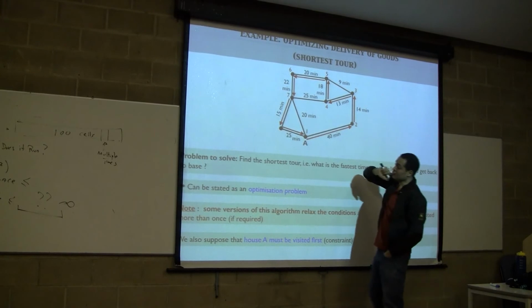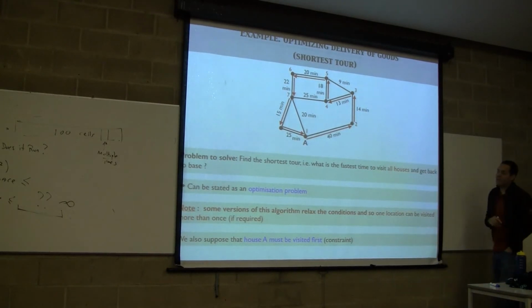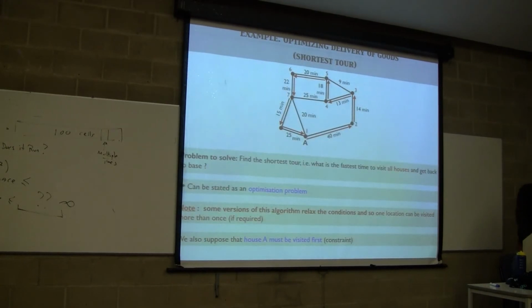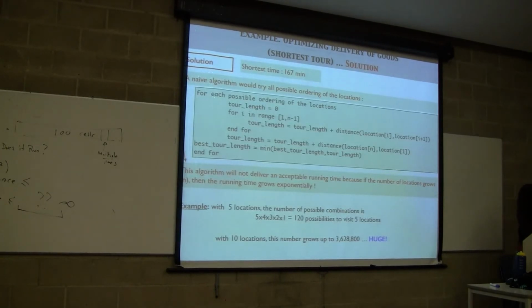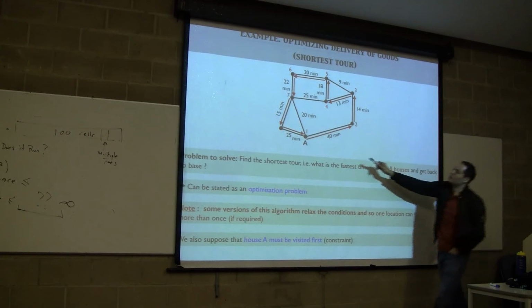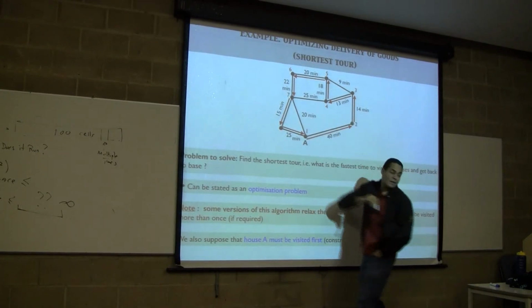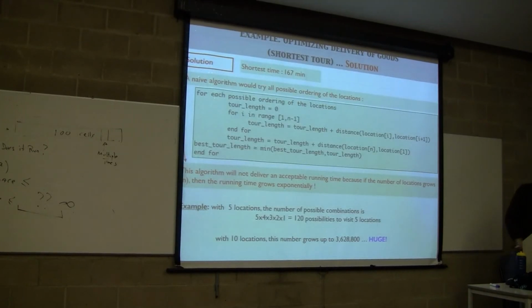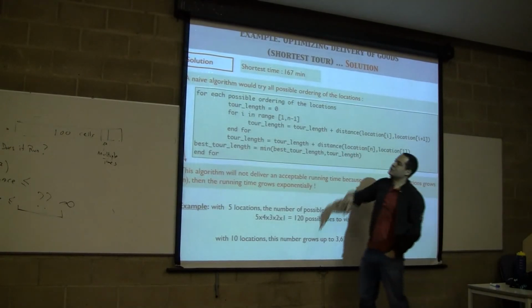So that's one particular application of it. And in this particular case, if we use a naive non-deterministic algorithm, we see that the shortest path is the one that I've marked here in red, and that takes you 167 minutes. It's not important.